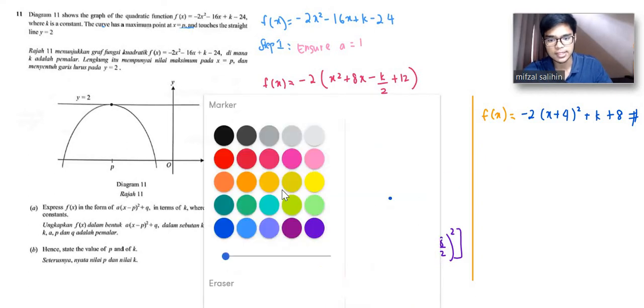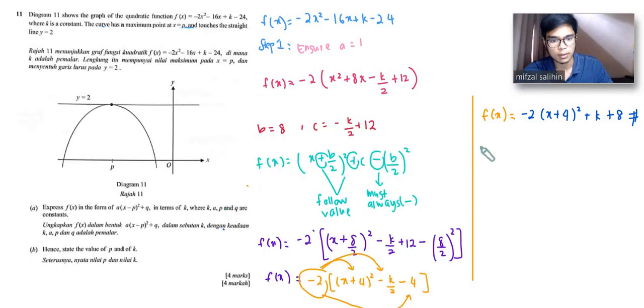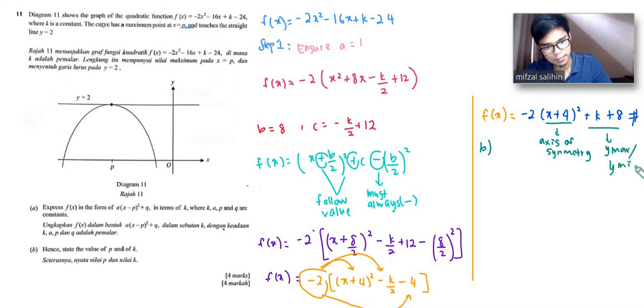Now we look at the second question, question B. Hence, state the value of p and of k. In order for us to find the value of p and of k, we need to understand the completing the square form itself. Over here is the axis of symmetry, and here is y maximum or y minimum.